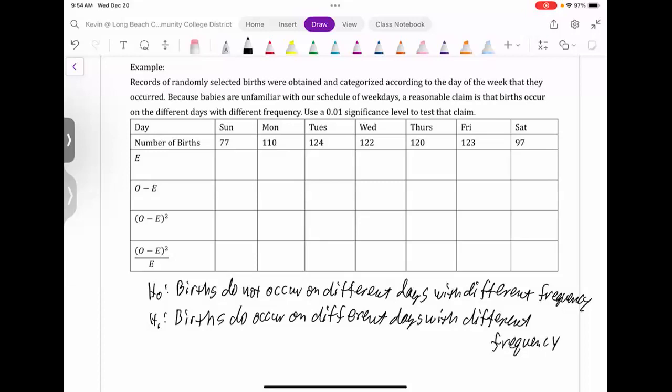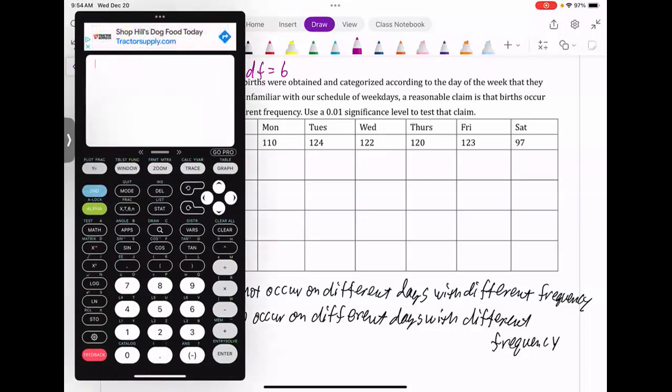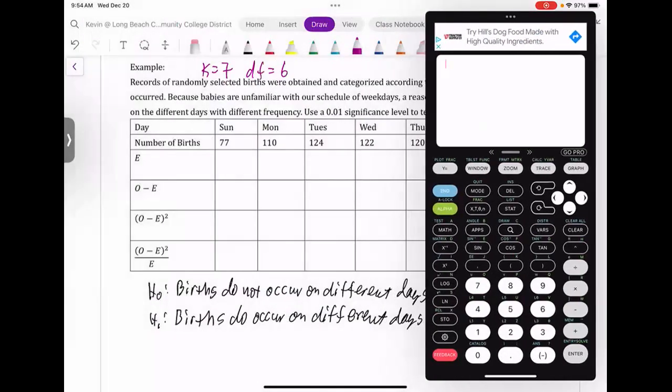All right. So before we do anything, I want to point out that K in this case is the number of days of the week, which is 7, which means our degrees of freedom is 6. Now I need to calculate N. So let's add up all of the number of births.